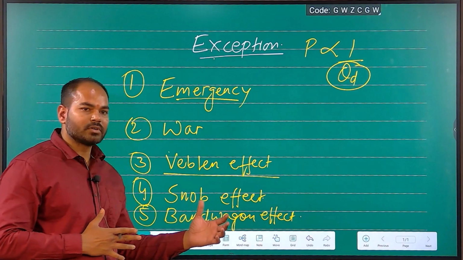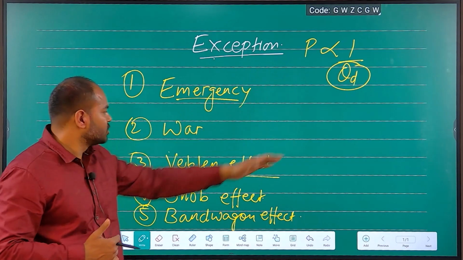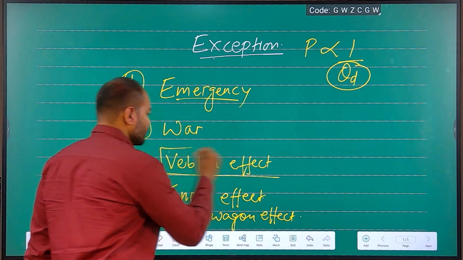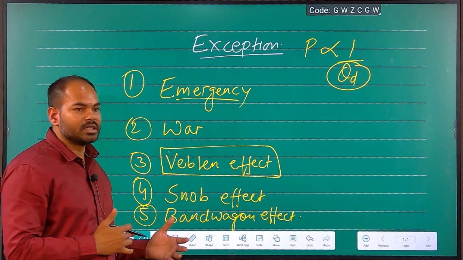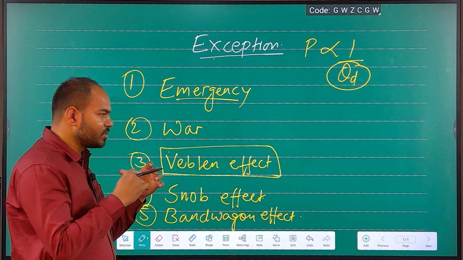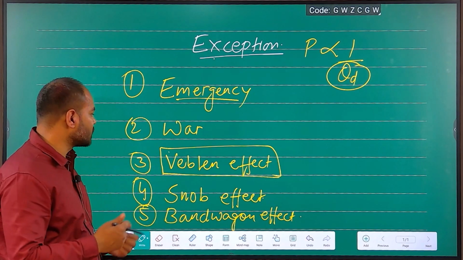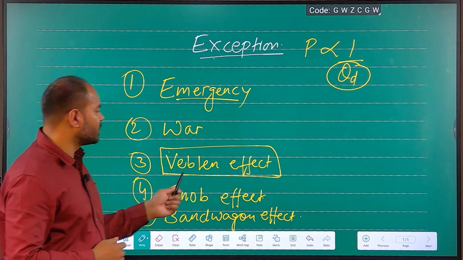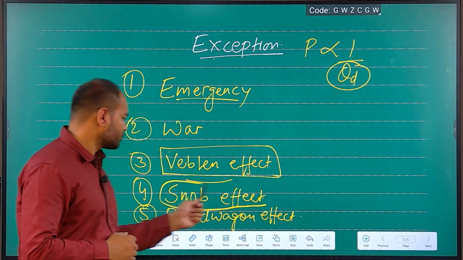Okay, out of their interest, their choice, not because of the change in price. So in the case of the Veblen effect, to showcase themselves in society, to have the experience of say diamond and precious jewels, metals, because of this they make their demand, and this is known as the Veblen effect. The next is the snob effect.